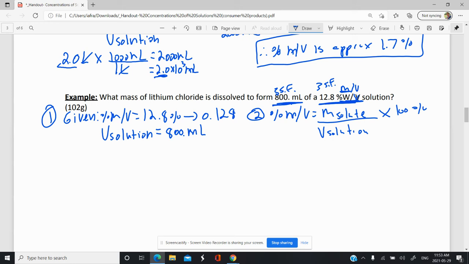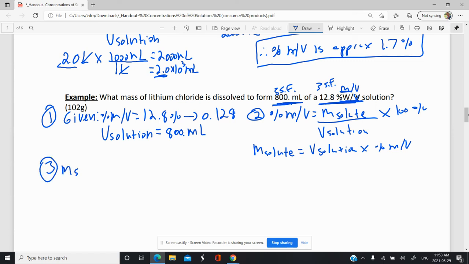And we want to find the mass of the solute. So mass of solute is equal to volume of solution times the percent MV written as a decimal, so essentially divided by 100, written in the 0.128 form. We can write that into our equation.